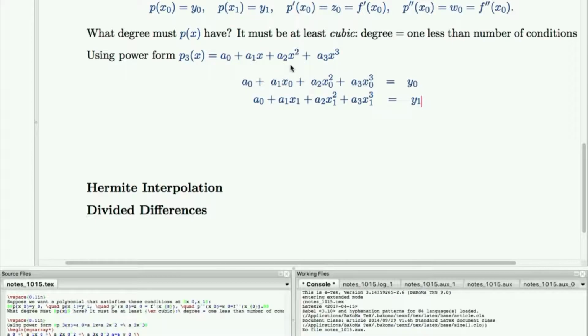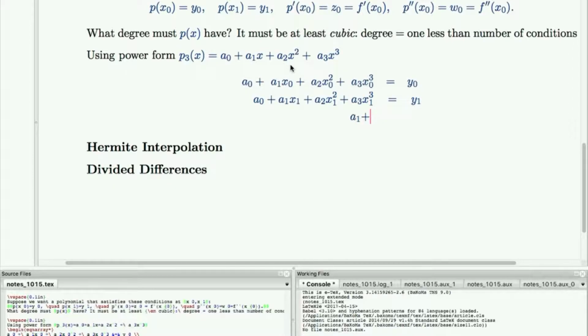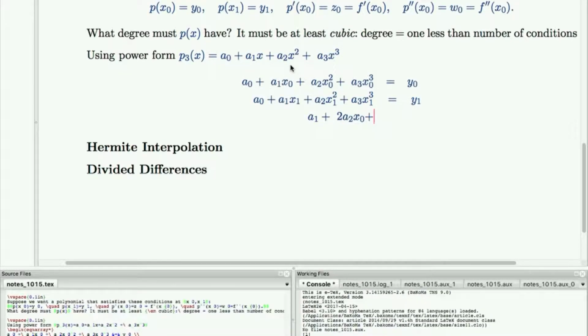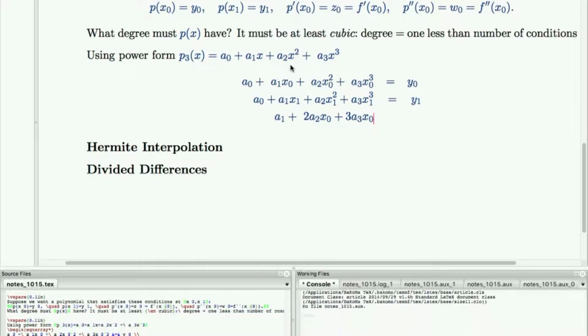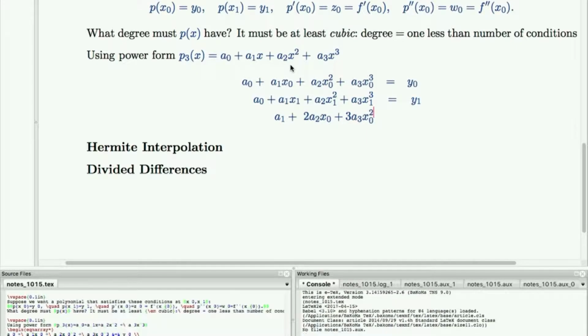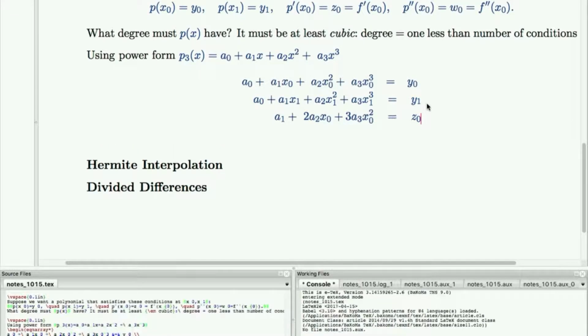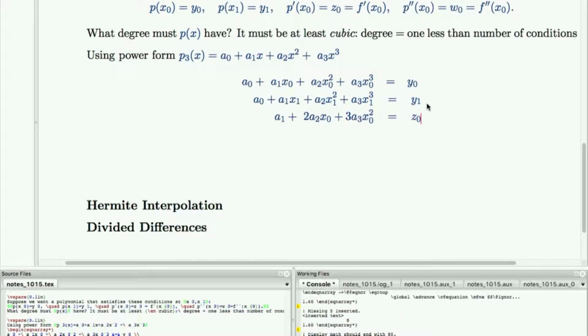So that's going to be a1 plus 2a2 x naught plus 3a3 x naught squared, and that has to equal z naught, which is the derivative value. And then I have one more condition on the second derivative.